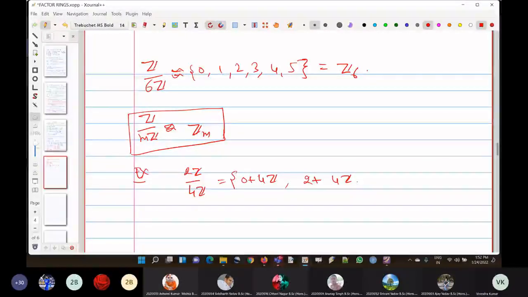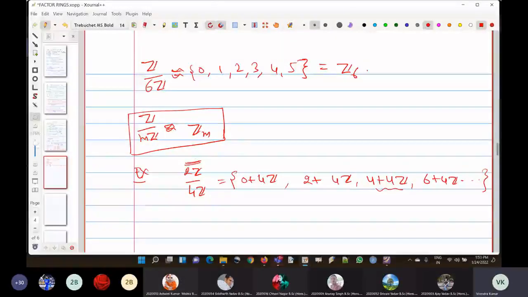In 2z, there will be all multiples of 2. So here again we have 4z, 4 plus 4z, multiples of 2, and 6 plus 4z like this, and so on.